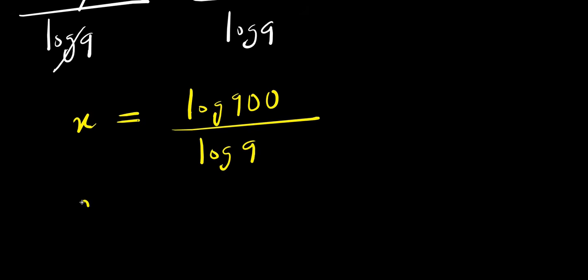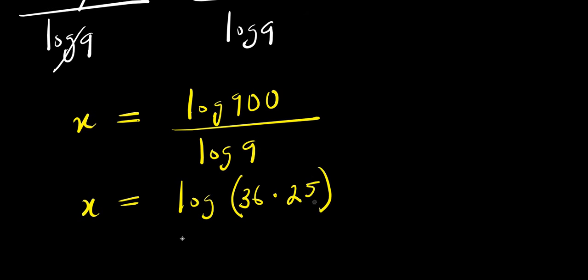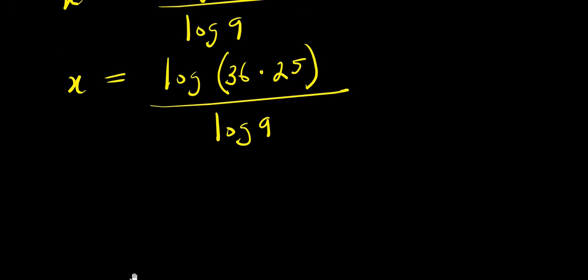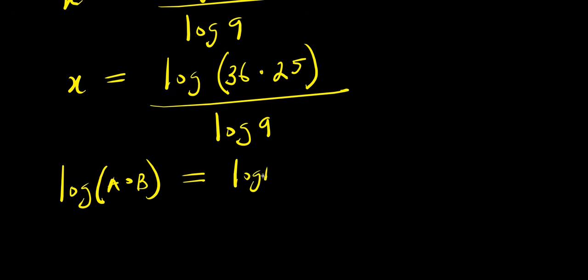Now I can have x equals log 900, which is simply 36 times 25, divided by log 9. Now if you have log a times b, it equals log a plus log b.